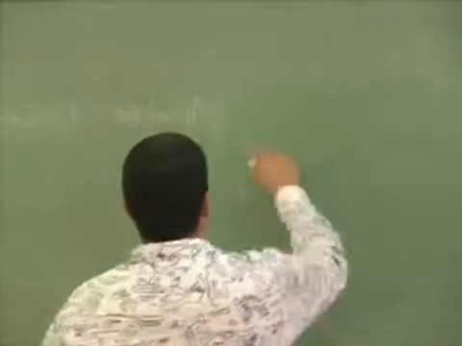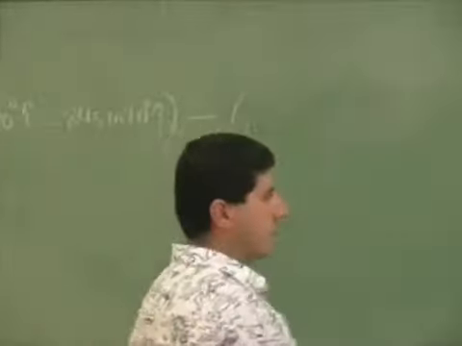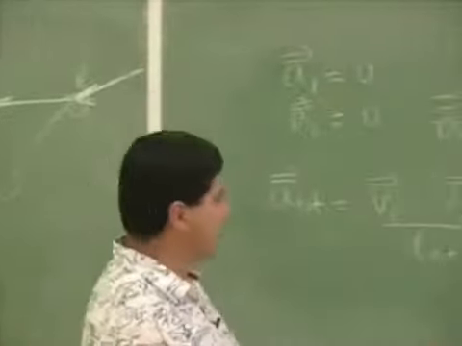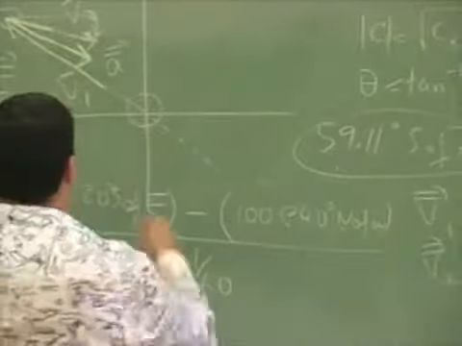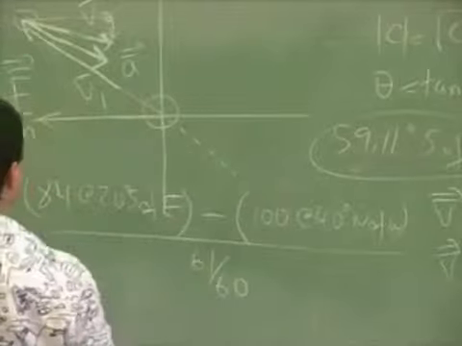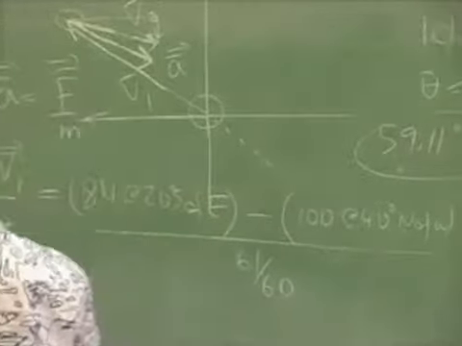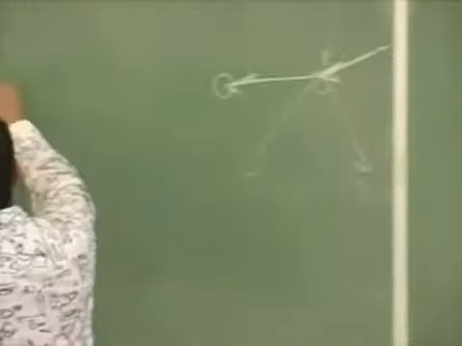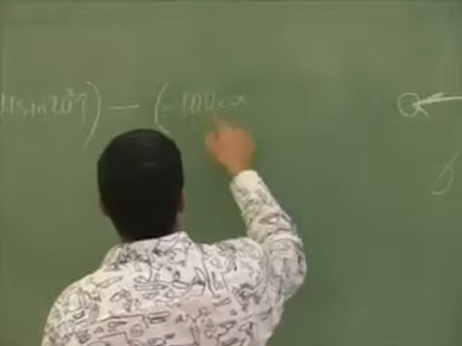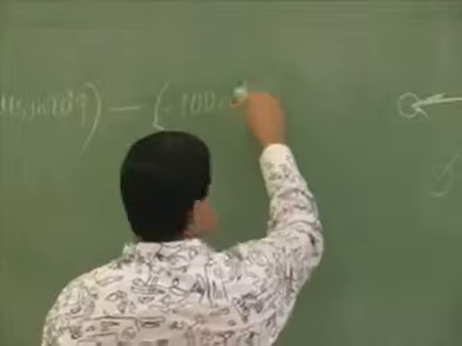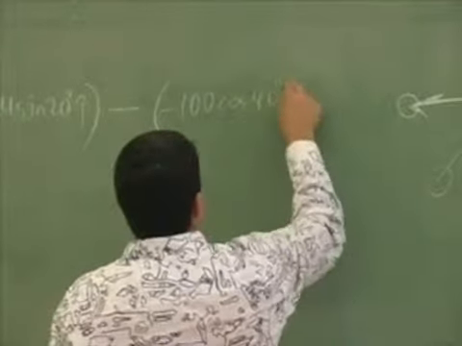And then we subtract from that the V1 vector, which is 100. Let's see, the x component is negative here. Negative 100 cos 40, I meant, i hat.